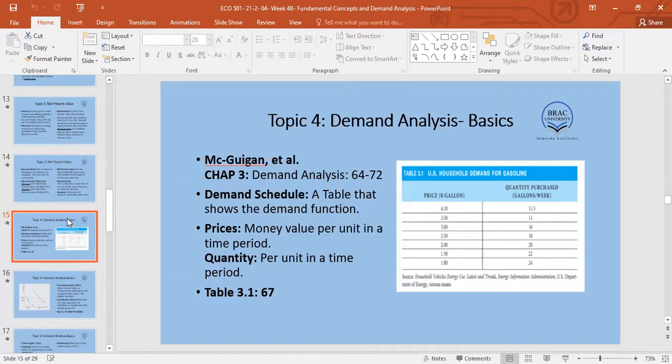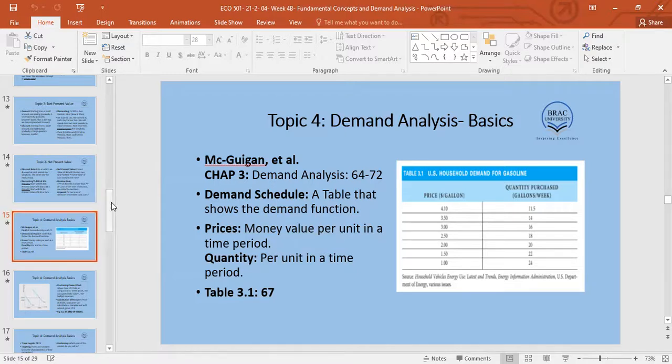So this is the supply schedule. So if the price was 4.1, what is the quantity produced every week? It's 11.5. If the quantity is 3.5, how much will a firm plan to produce, etc.